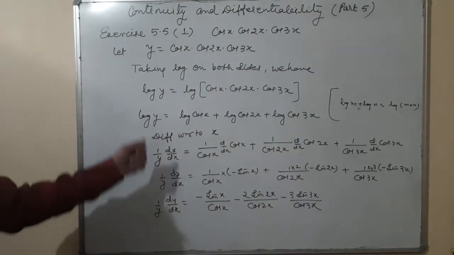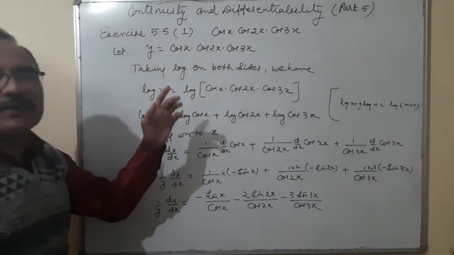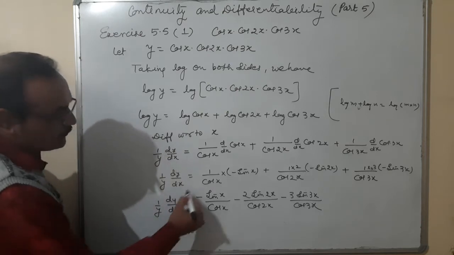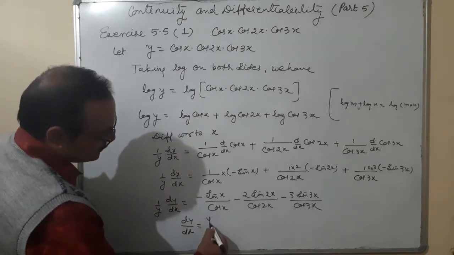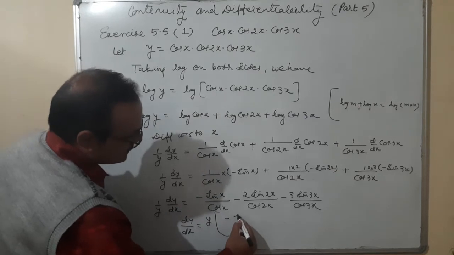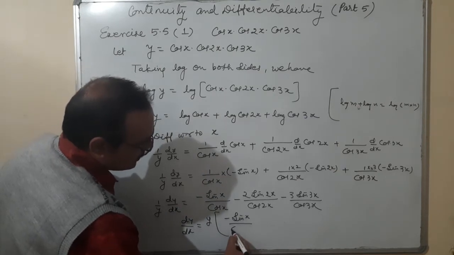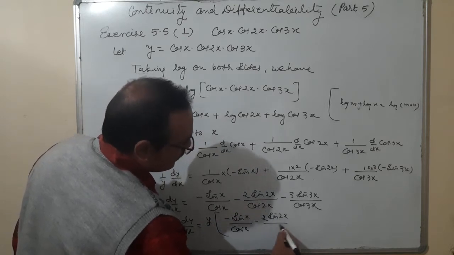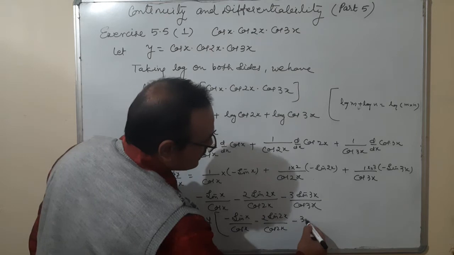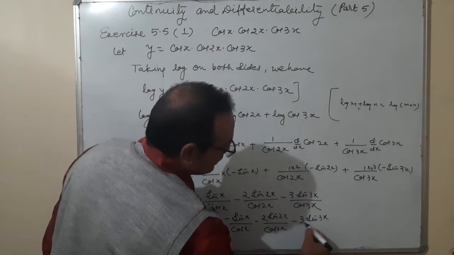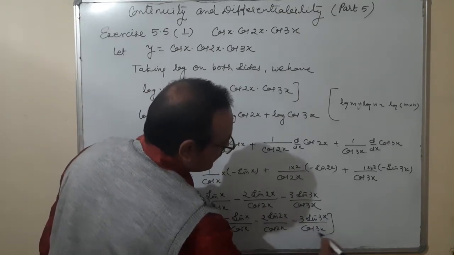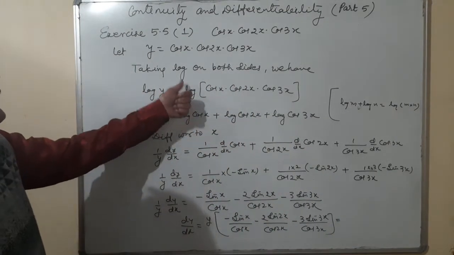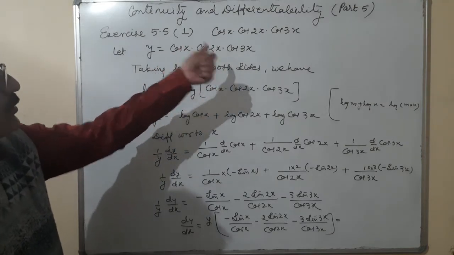Because we are finding dy by dx, dy by dx is equal to y, and this y is shifted here, times minus sin x upon cos x minus 2 sin 2x upon cos 2x minus 3 sin 3x upon cos 3x. The value of y is what we have taken, cos x into cos 2x into cos 3x.